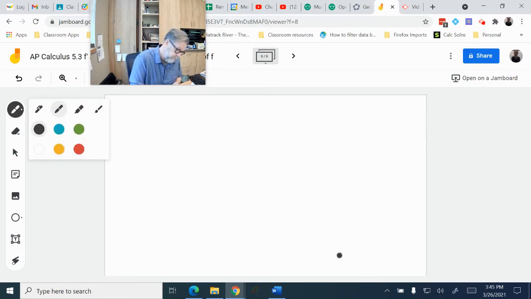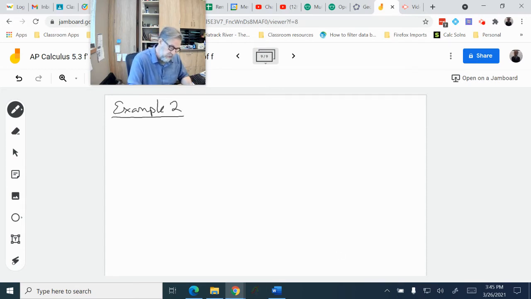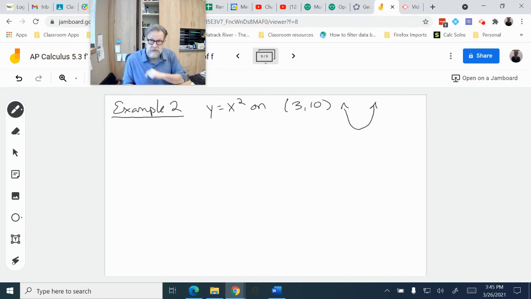Example 2. y equals x squared on the interval 3, 10. Now, obviously, I think you can already know the answer. The answer is that this function is concave up because quadratics are concave up everywhere. But let's use the second derivative test. First derivative, y prime equals 2x using the power rule.